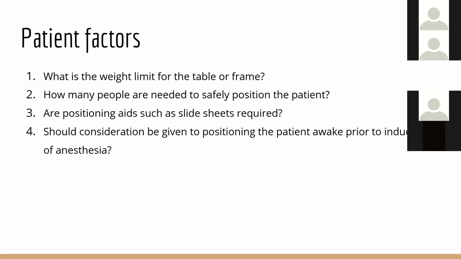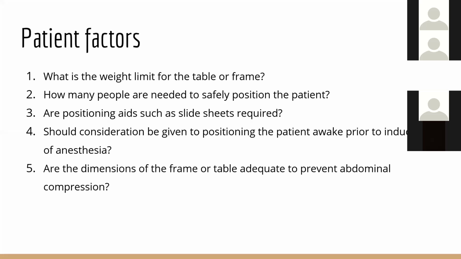Fourth, should consideration be given to positioning the patient awake prior to induction of anesthesia? Whether we need to position awake or after induction, because sometimes position is not possible after induction. So this is also a consideration. And the last point, are the dimensions of the frame and table adequate to prevent abdominal compression? So these are the patient factors.